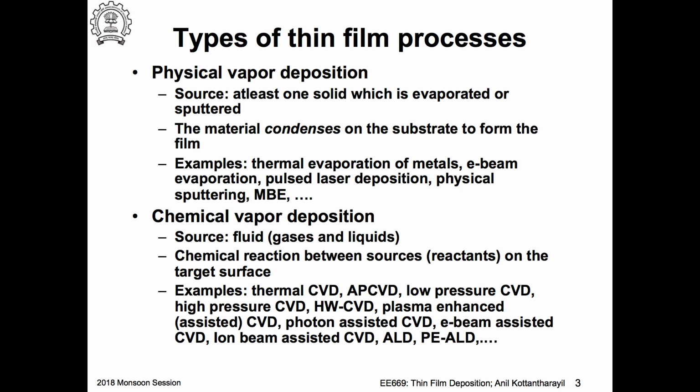And then you can classify them based on the pressure at which you conduct the reaction. So you have atmospheric pressure CVD, APCVD, and then LPCVD, low pressure CVD, and high pressure CVD. So you go to very high pressure.